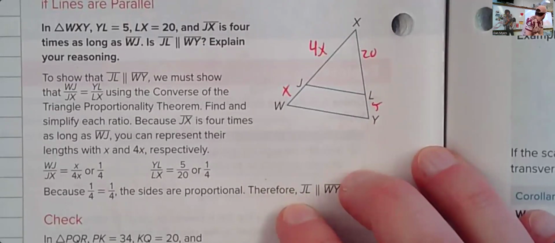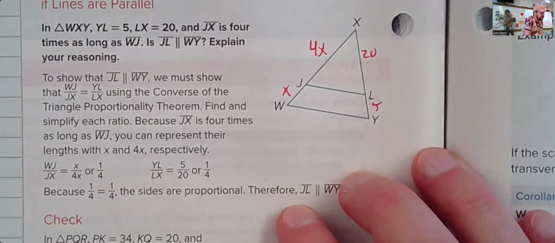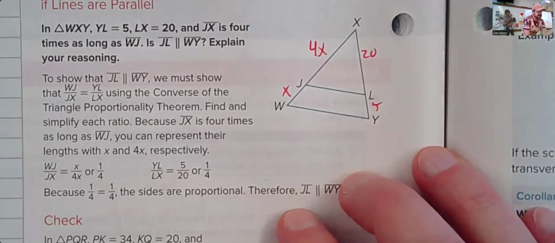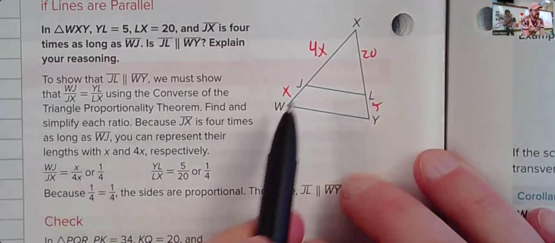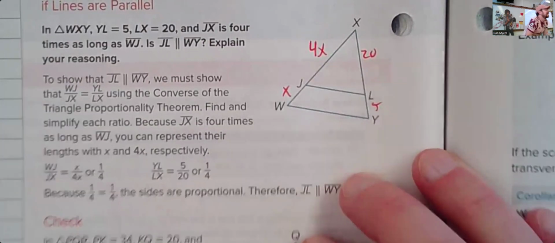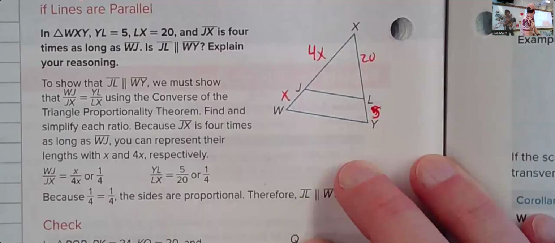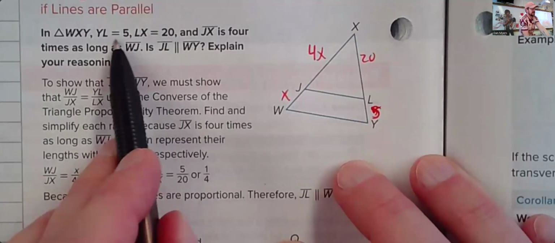The question here is: is JL parallel to WY? All we need to do is set up a proportion and solve it. YL is 5, taken from right up here where it says YL equals 5.